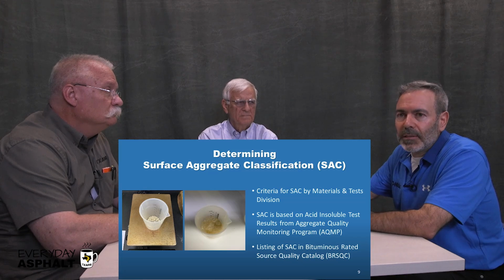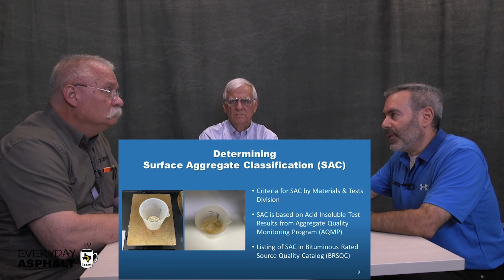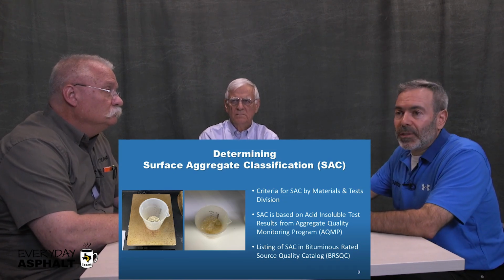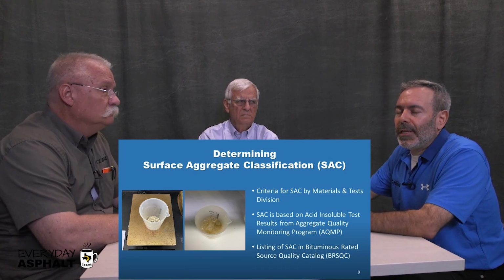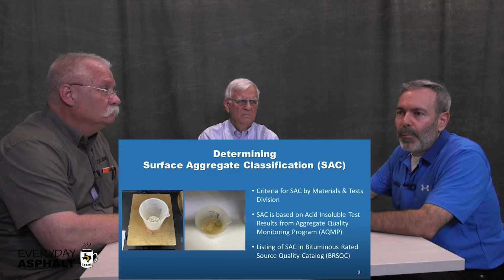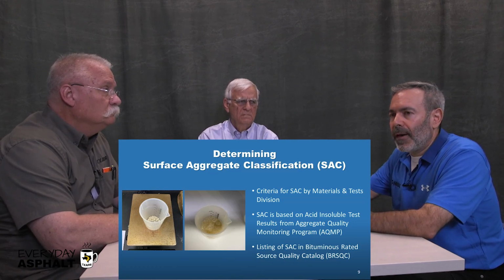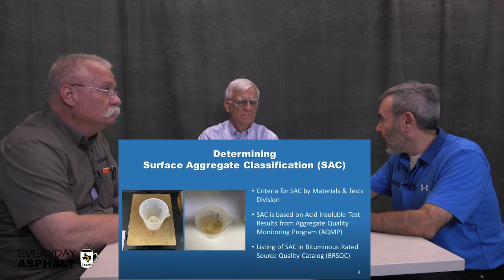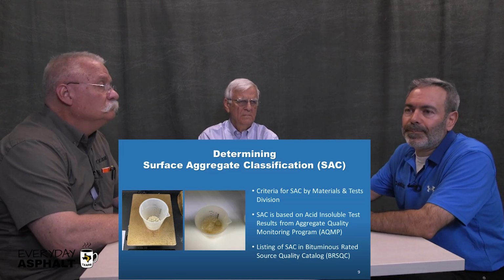And how do we determine the SAC? How does the Materials and Test Division determine SAC? They run a test called acid insoluble. As you see in those pictures, it's taking some rock and exposing it to hydrochloric acid to see what's insoluble. Generally, limestone will be more soluble, because it has more calcium carbonate. It's more prone to polishing.